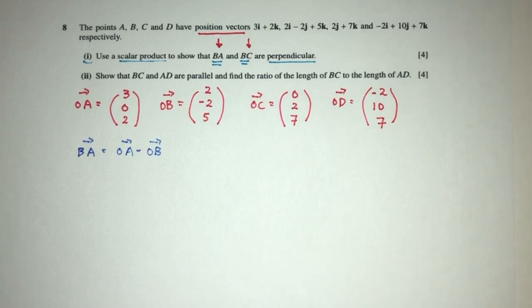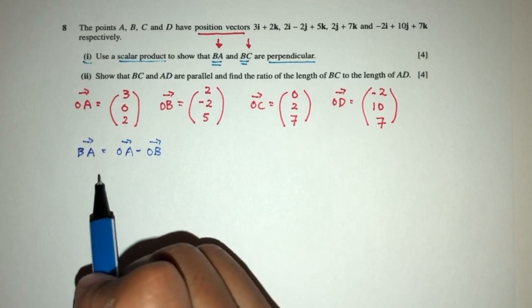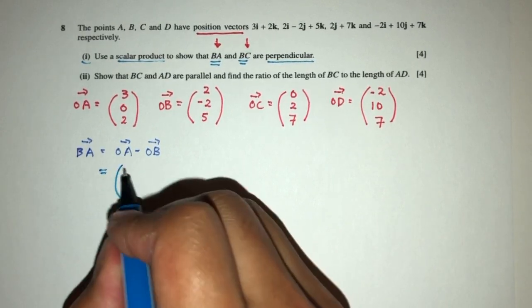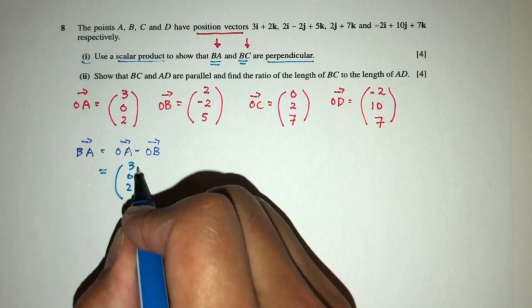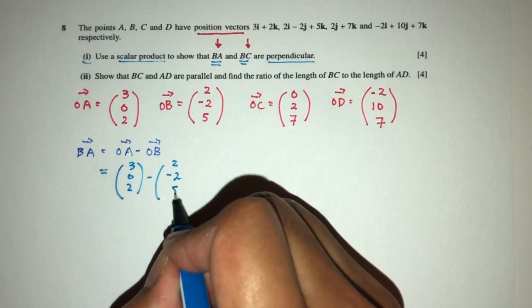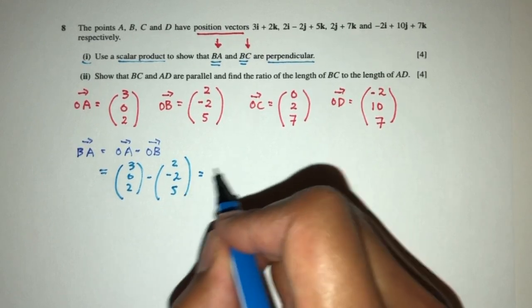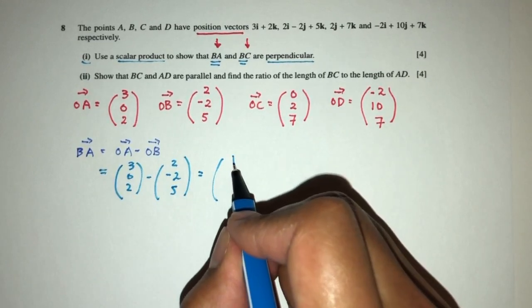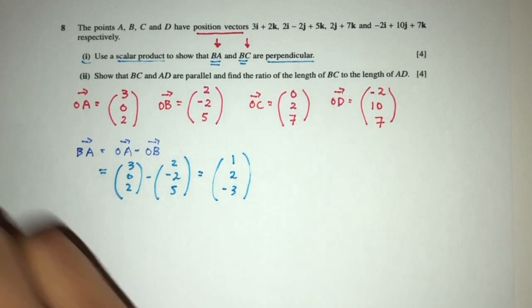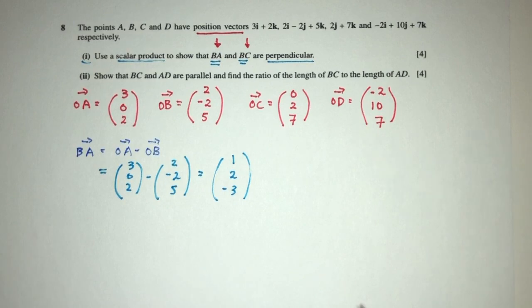So if you search vectors on my channel, you will find a video about this. Now let's simplify. OA is given by 3, 0, 2, and OB is given by 2, minus 2, 5. That will give you 3 minus 2 is 1, that will be 2, and that will be minus 3. That will be BA.